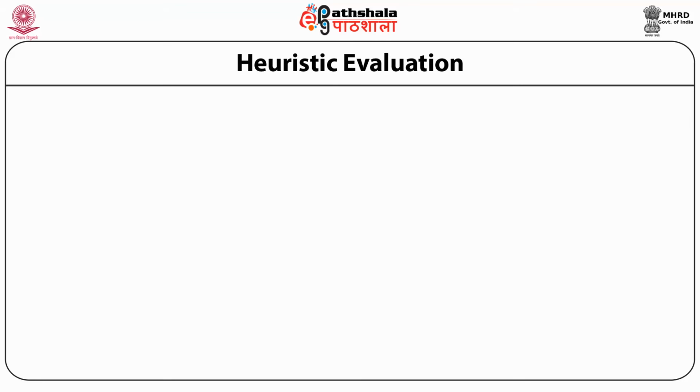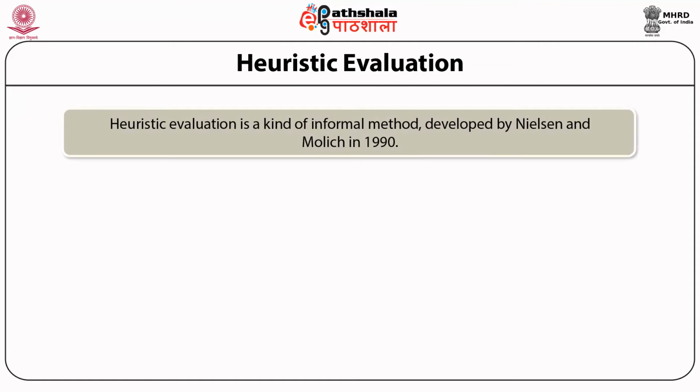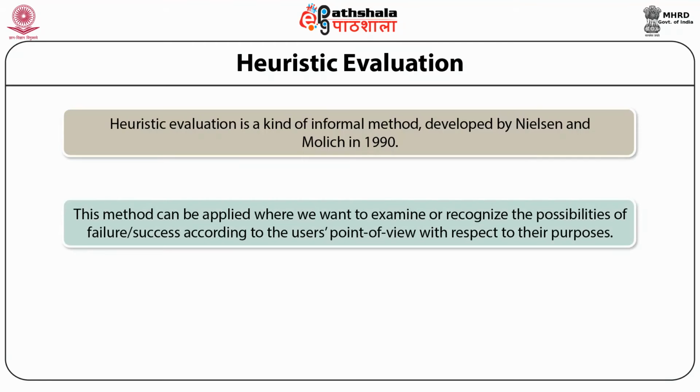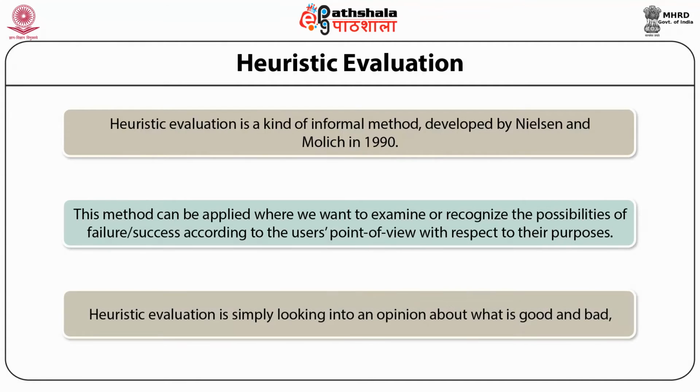Heuristic evaluation. Heuristic evaluation is a kind of informal method which was developed by Nielsen and Molich in 1990. This method can be applied where we want to examine or recognize the possibilities of failure or success from the user's point of view with respect to their purposes. Heuristic evaluation is simply looking into an opinion about what is good and bad.